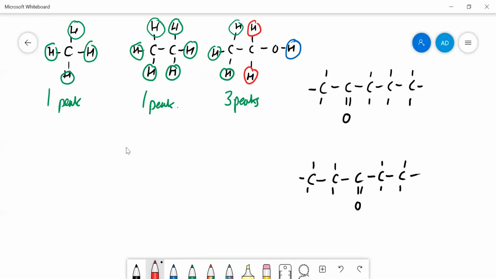I'll do this one slightly differently, as I'm going to run out of colours. You've got those 3 hydrogens, they're all the same, but they're not the same as these 3 here. These are different because, yes, it's a CH3 group, but this CH3 is 1, 2, 3 bonds away from the carbonyl, whereas this CH3 is right next door to the carbonyl, so they're not the same as each other.